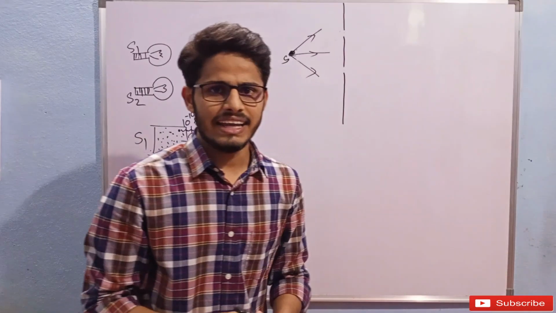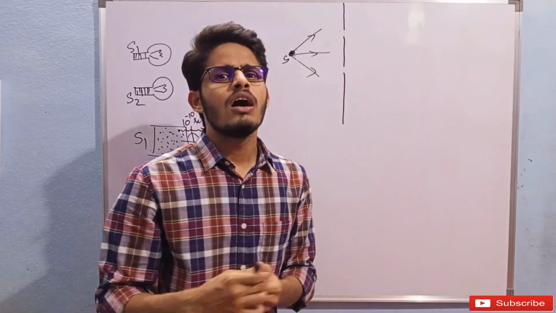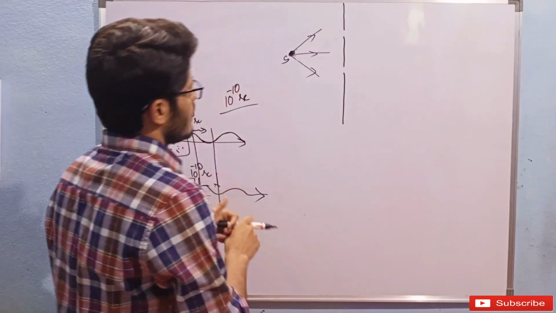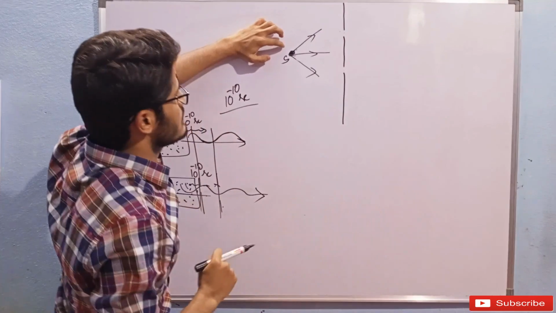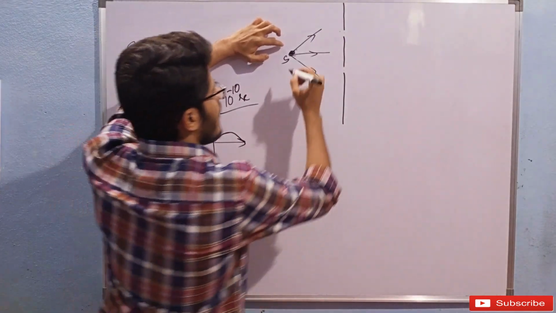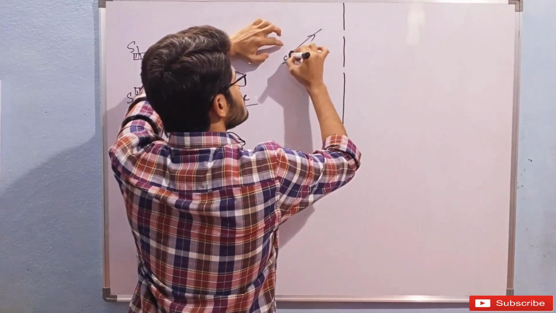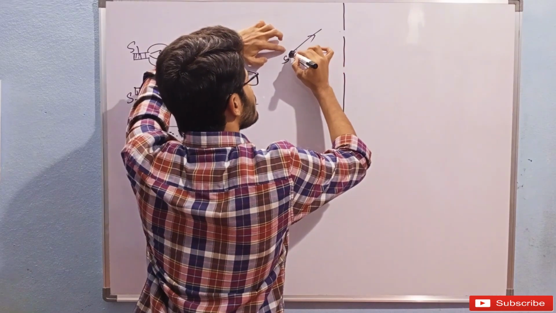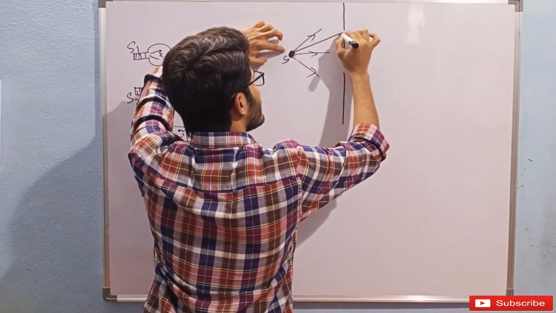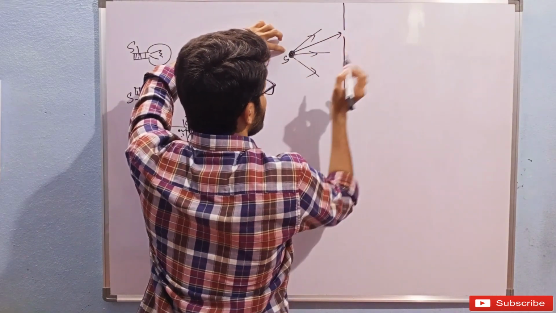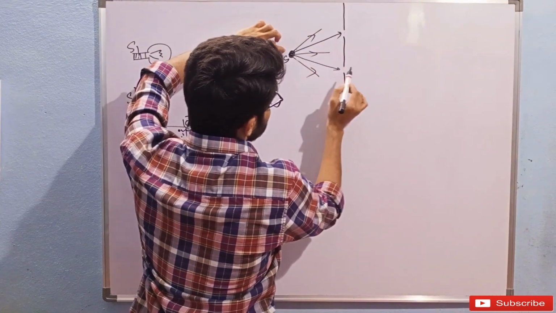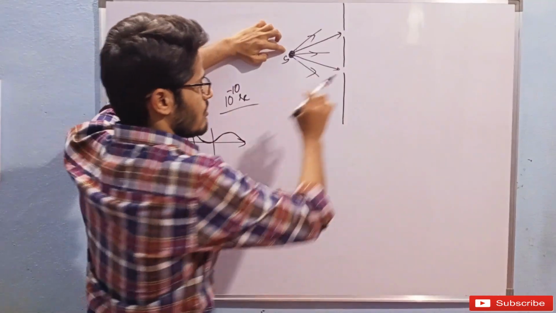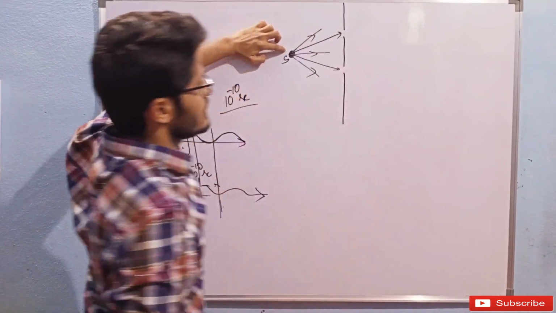So Young's idea for producing a coherent source is to take a single monochromatic light source having a single wavelength. From this source we get light at slit 1, and from the same source we get light at slit 2.